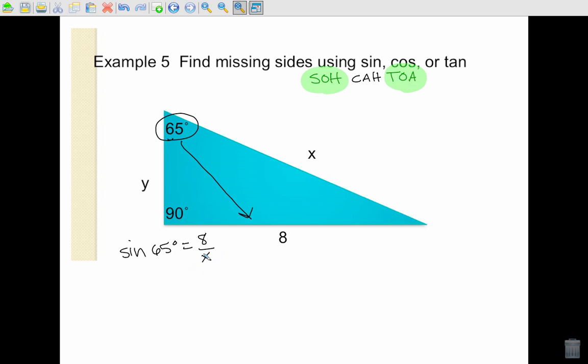So let's start with sine. I know the sine of 65 is opposite over hypotenuse. So this is a little different with our variable in the denominator. What we want to do is basically, if we go through all the math, they would just switch places. So what I'm going to do is take x equals 8 over the sine of 65.